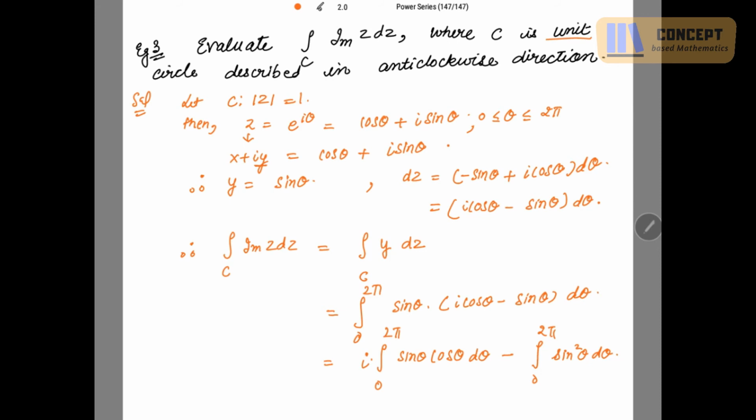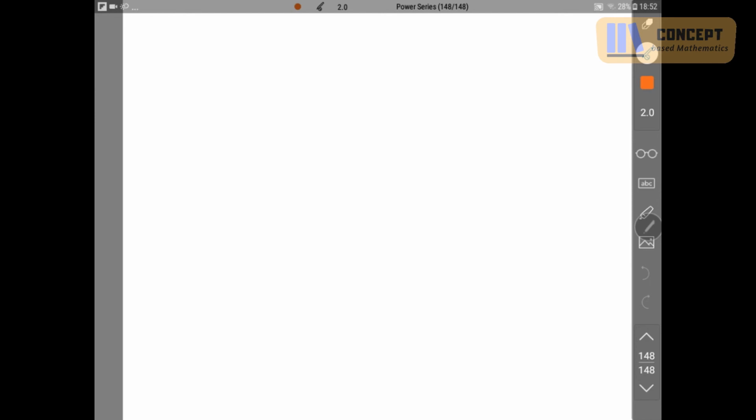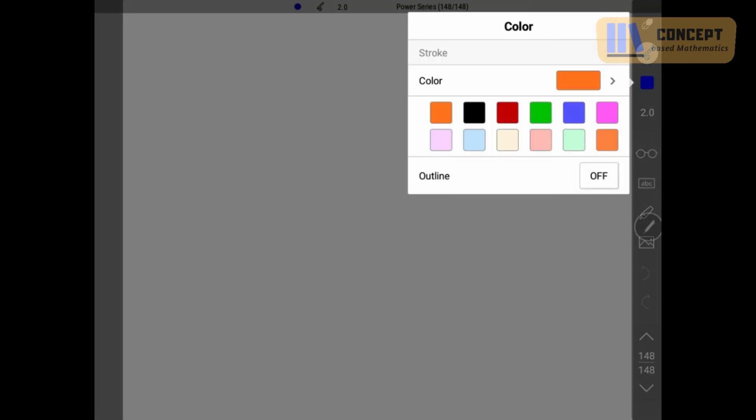Now whenever you are having a function like this, first there is a remark for you for solving this.